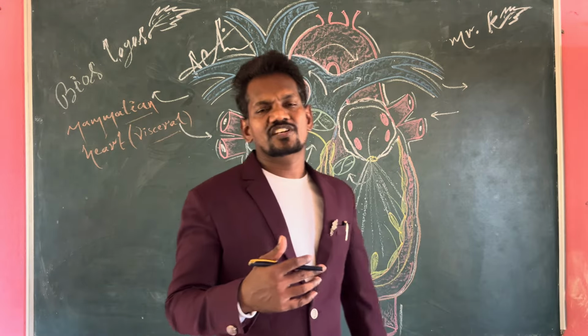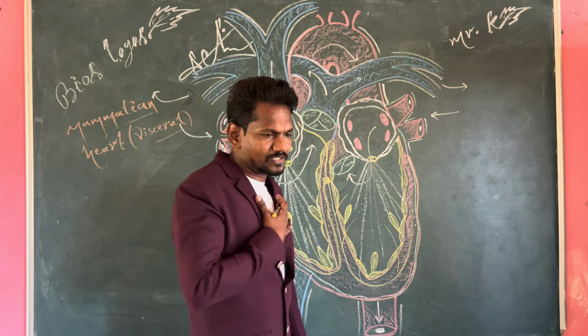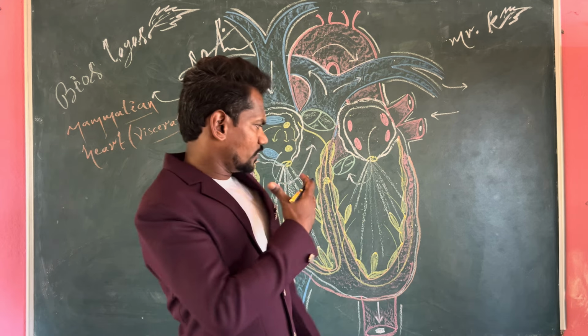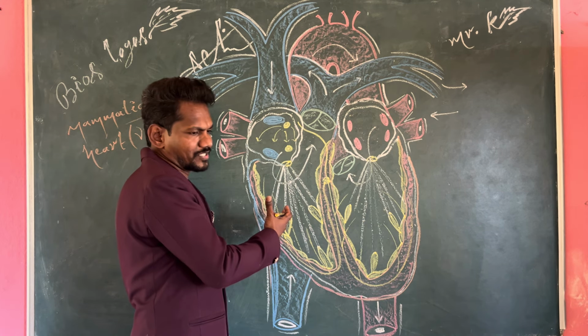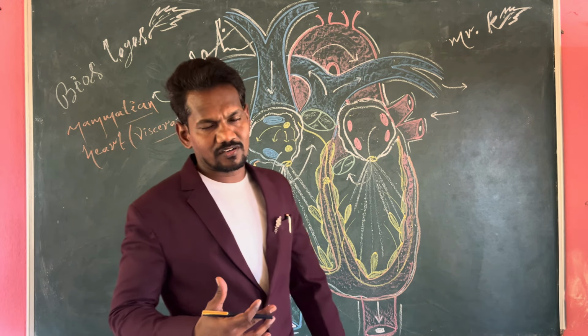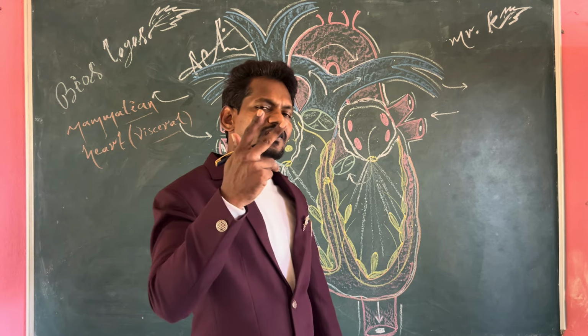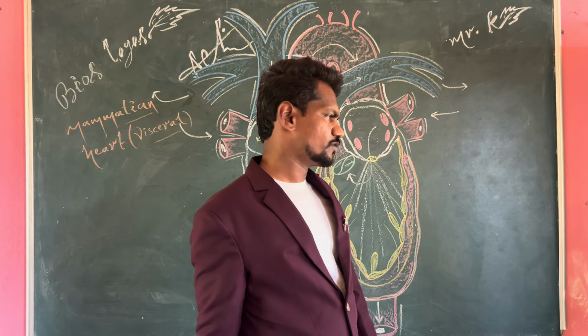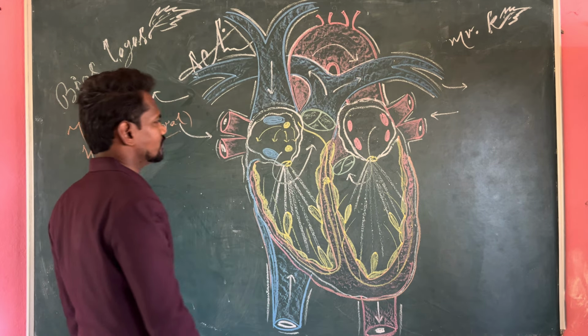From these three germinal layers, different organs are formed or developed in the human body. Coming to our cardium or heart, this is developed from the second layer, known as mesoderm. So the heart is of mesodermal origin.